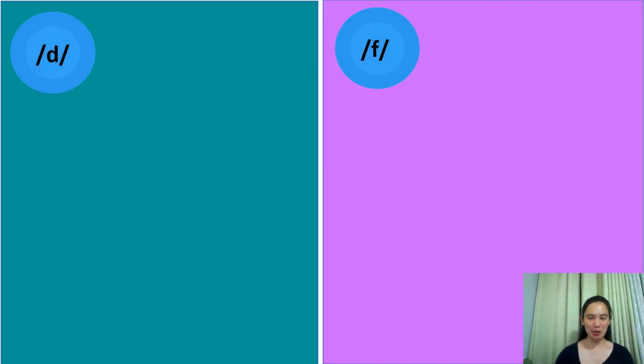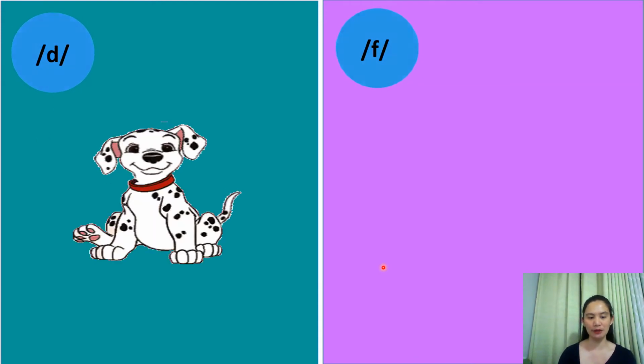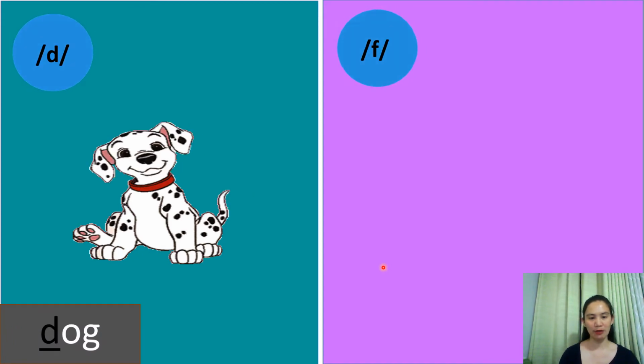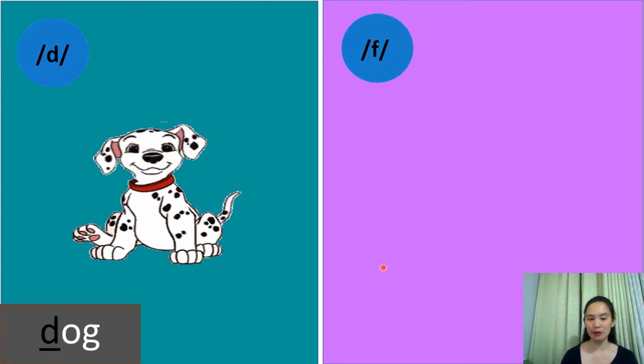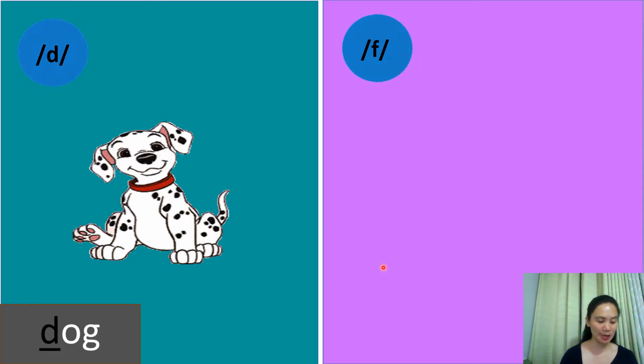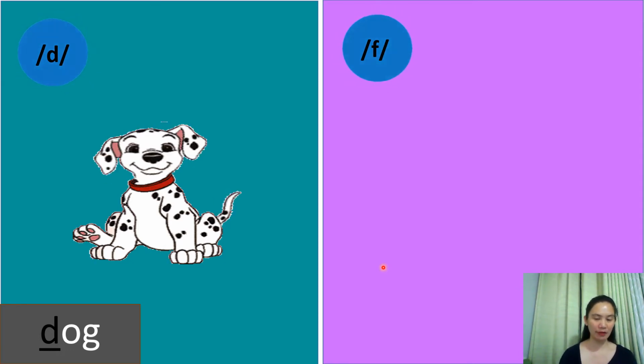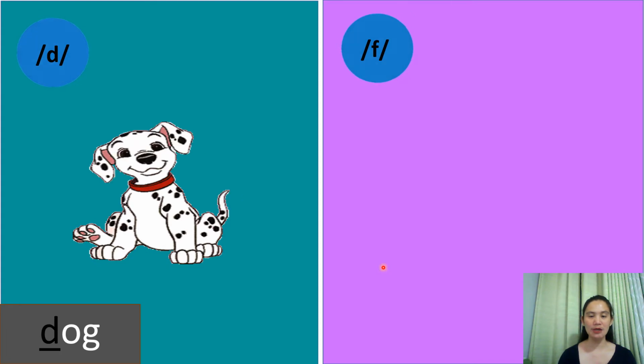Next pronunciation symbols for consonants are the symbols that have the sound of D and the sound of F. The sound of D can be heard in the word like D, dog. Words with letter D have a sound of D, like in the words duck, doll, dive.